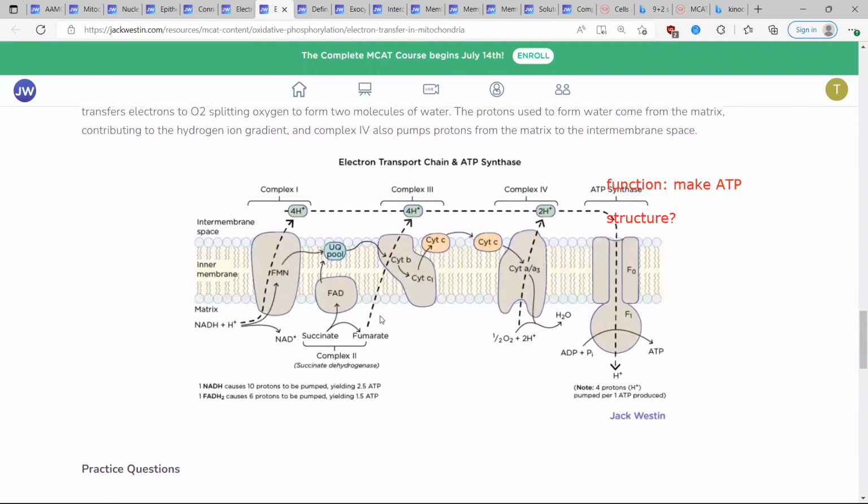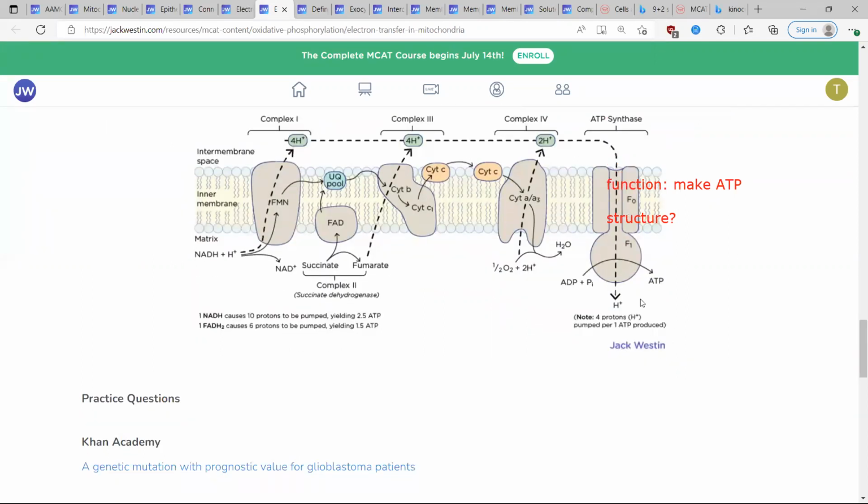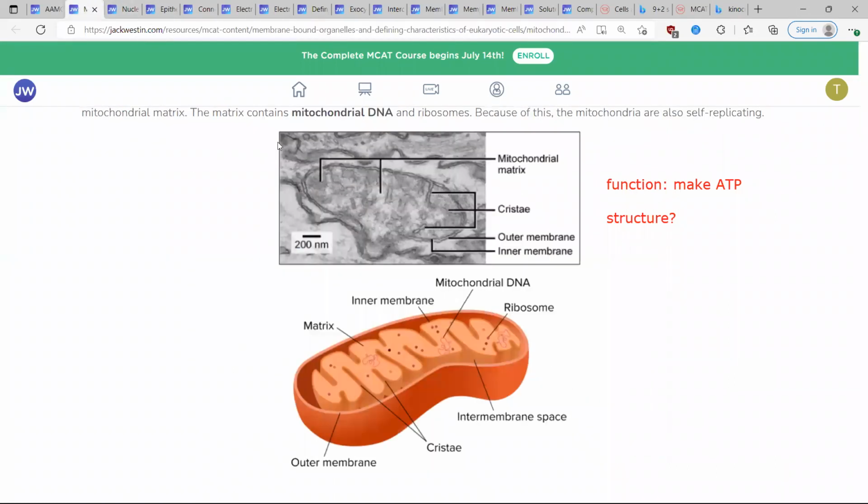In this whole situation, we are pushing protons into the intermembrane space, and then they're coming back down, and that's allowing us to make ATP. So we're using the membrane to make ATP. Imagine if the inside of the mitochondria was just another circle.